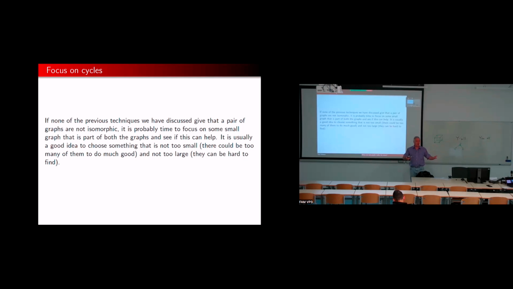They have different numbers of 8 cycles through a vertex. And if you think about the number of 8 cycles that go through a vertex, however you redraw it, those 8 cycles are still going to be there. So that's also a structural property.